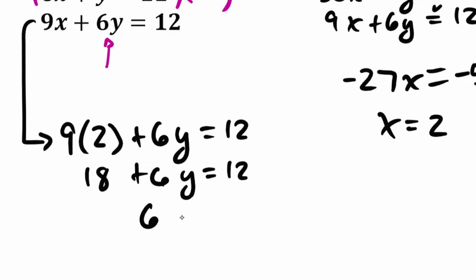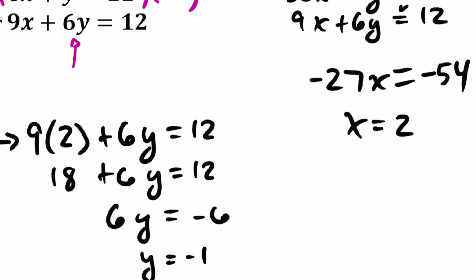So this gives me 6y is 12 minus 18, which is -6. Absolutely, there's not a doubt. And if I divide both sides of this by 6, I'm going to get that y is -1.